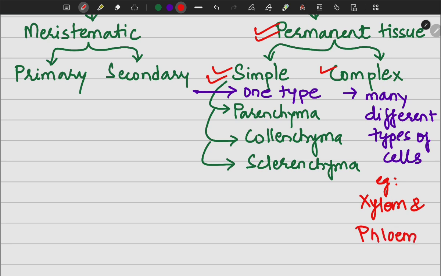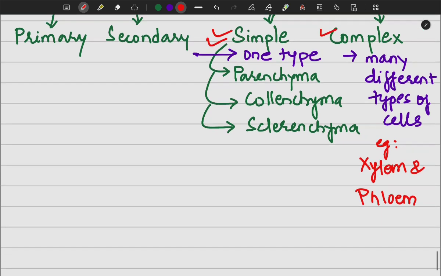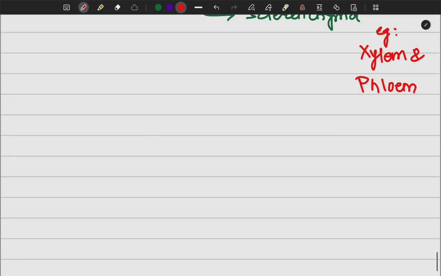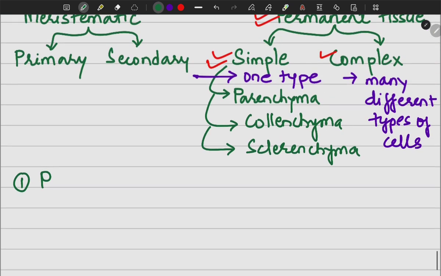Alright, so let us begin with the simple permanent tissue. As I just told, it is made up of only one type of cells which perform similar function and have similar structure. The first type in the simple permanent tissue is the parenchyma.